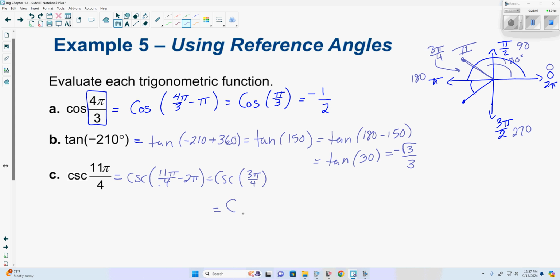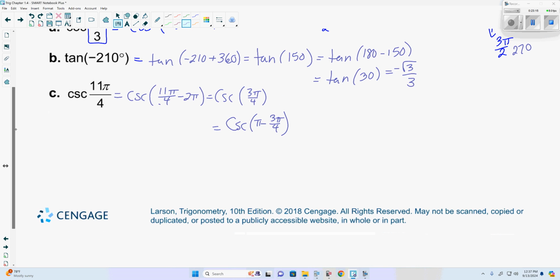Now to find its reference angle, I'm going to take pi and subtract 3 pi over 4 away from it. Okay? Without a calculator, can y'all figure out what pi minus 3 pi over 4 is? It's pi over 4.